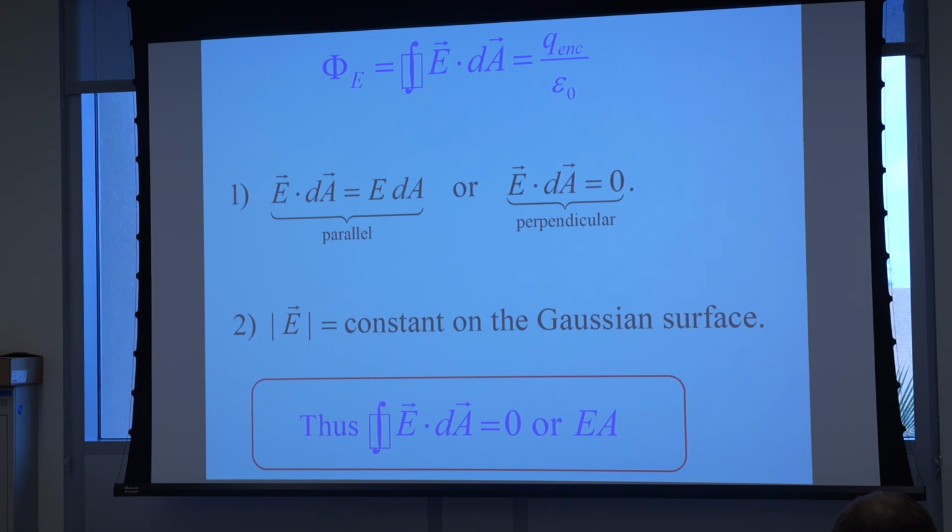That's it. Now, to make it even better, we're going to choose the E field always to be constant. So that means we can pull it out of the integral. So this funny-looking integral here is going to be either 0 or EA. Always. No exceptions. Is that wonderful or what?